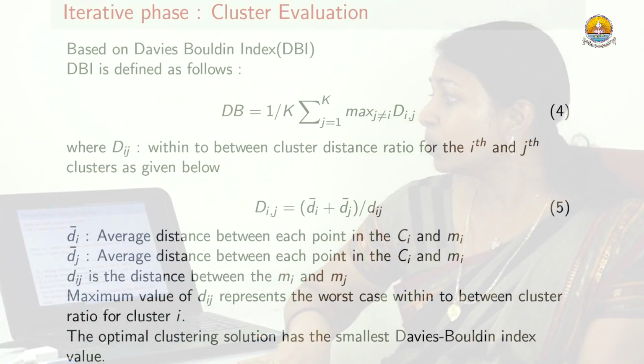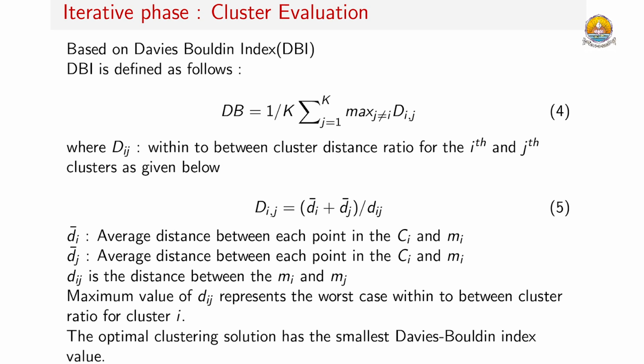Next, we evaluate the clusters formed. As I showed before, assigning points means assigning the points to each Medoid. Now the third step, in the iterative phase itself, is cluster evaluation. That means we evaluate the clusters and see whether the formed clusters are good or bad. For that we use the Davies-Bouldin index, a very well established measure for evaluation.